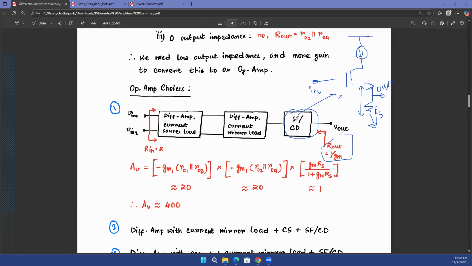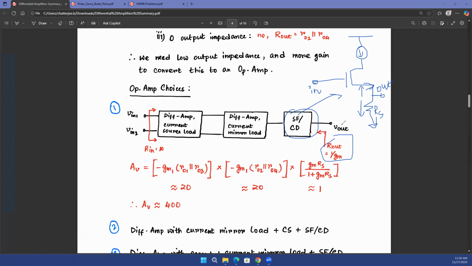1 upon gm. Right? We know this from our earlier discussions for single stage amplifiers, that Rout is going to be 1 upon gm if I have a source follower stage, because my output is at the source terminal. And the resistance looking into the source terminal of a transistor is going to be 1 upon gm.